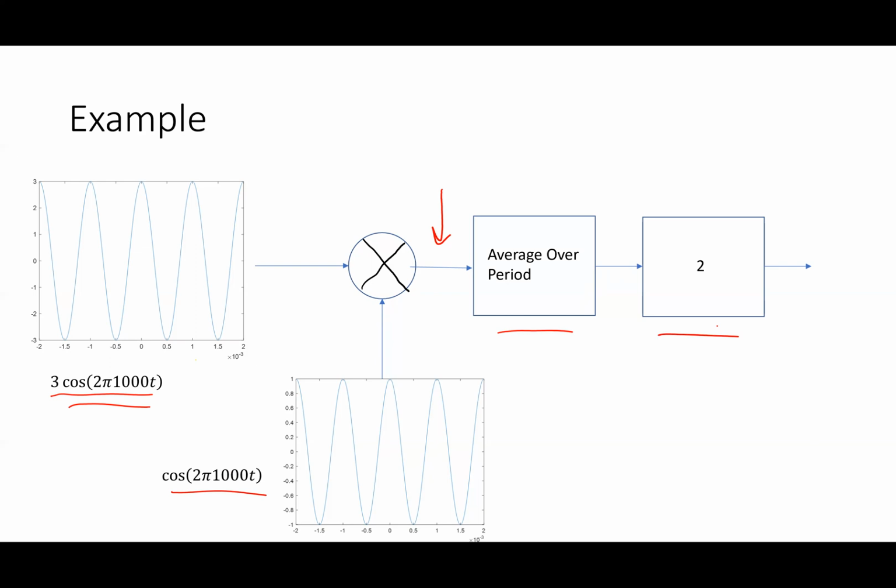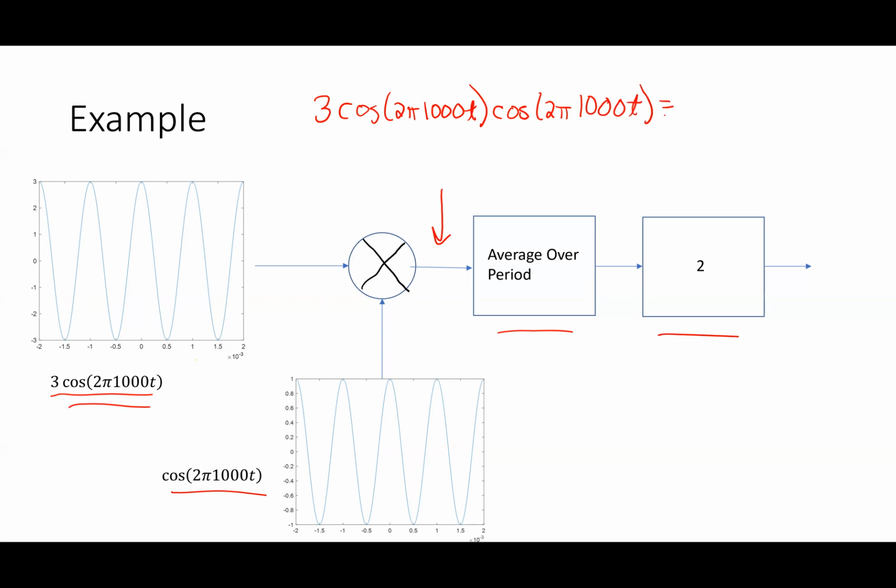So I got 3 cosine 2 pi 1000 t times cosine 2 pi 1000 t. I need a trig identity to simplify that. What does the simplification of that look like? If I had 3 cosine 2 pi 1000 t times cosine 2 pi 1000 t, what's that look like?